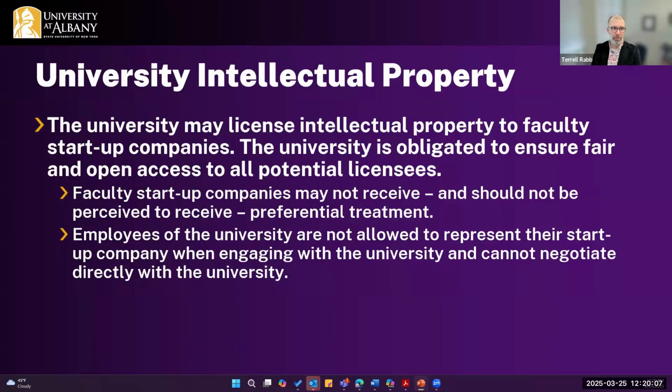And this is where public officers law really kind of dictates that negotiation process. We can't be perceived as providing favor, and as public officers, folks cannot come before their own agency asking for a personal benefit.